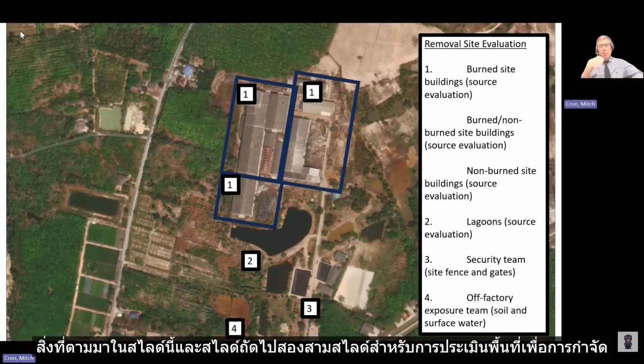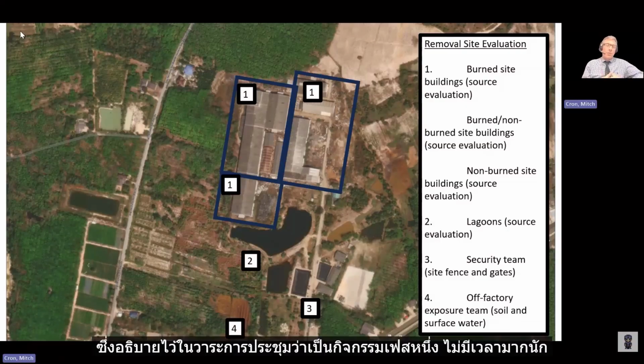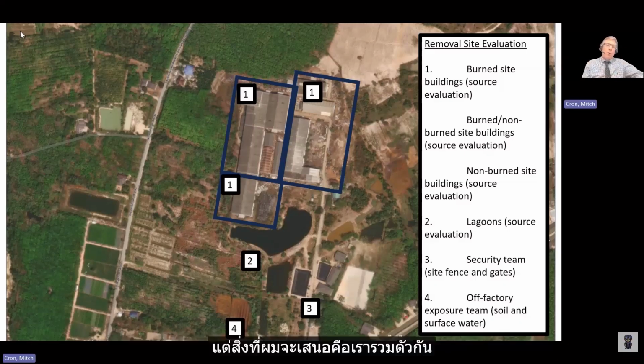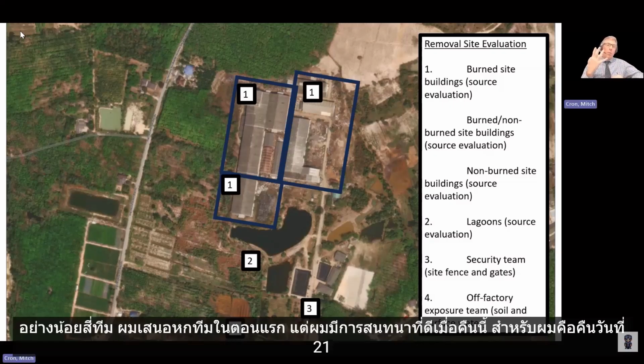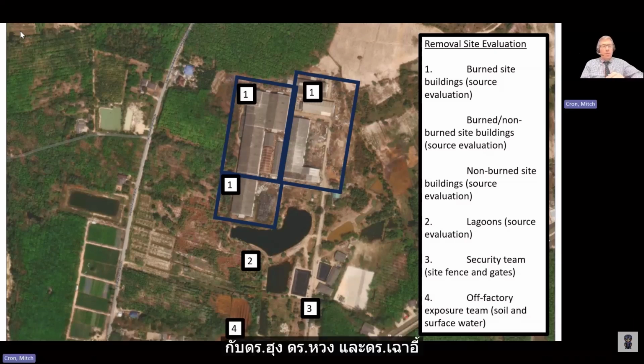For the removal site evaluation, which is described on the agenda as phase 1 activities, there's not a ton of time. But what I would propose is we assemble at least 4 teams. I was proposing 6 teams originally, but I had a great conversation last night, the night of the 21st, with Dr. Hung, Dr. Huang, and Dr. Cheui.